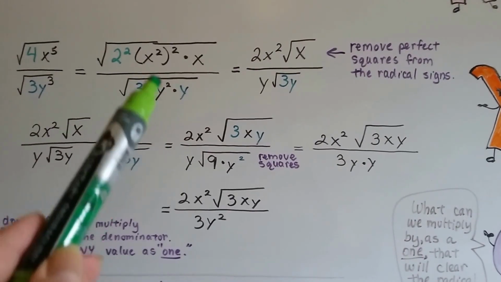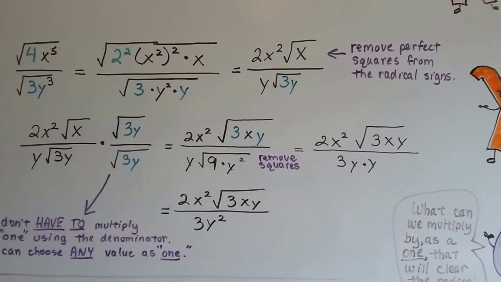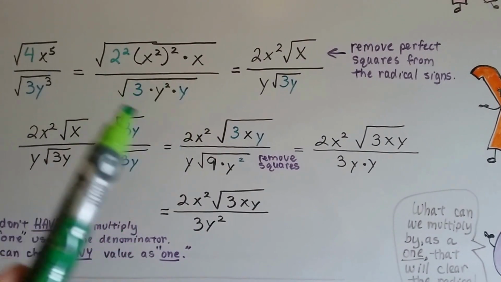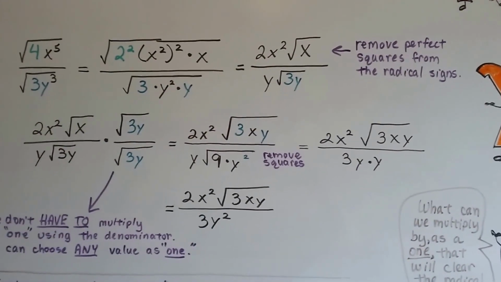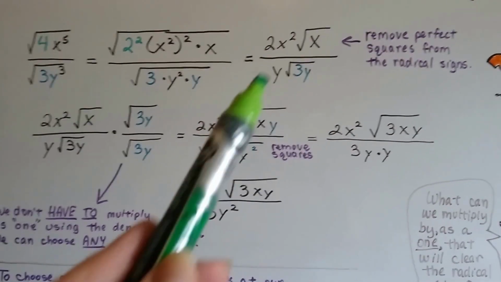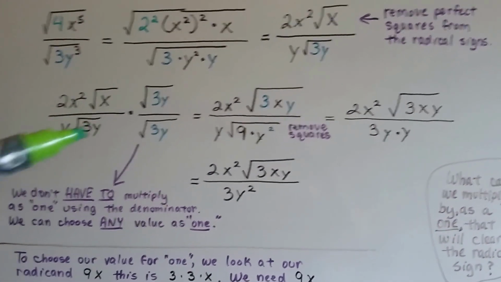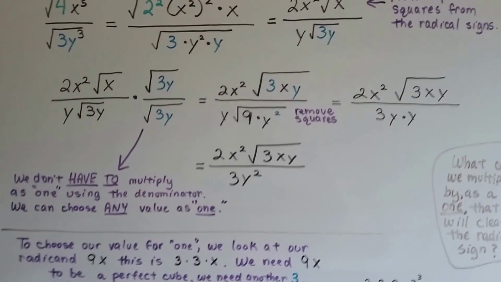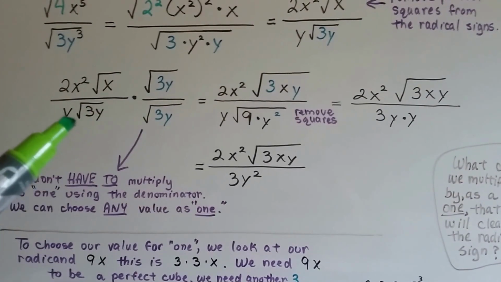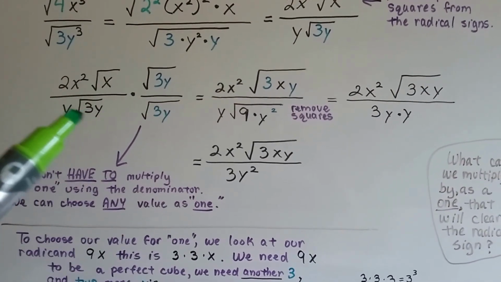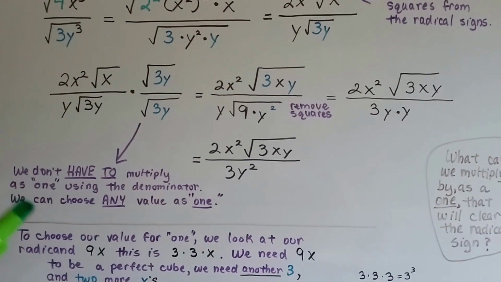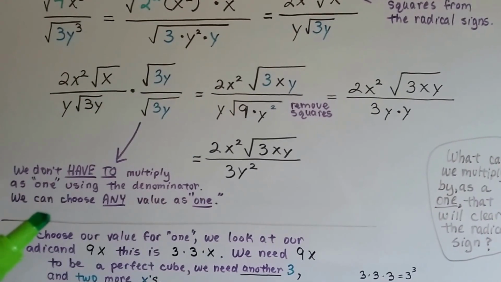The 3 and the y, this blue 3 and y, or green 3 and y, are not perfect squares, so they stay inside of the radical sign. So now we're going to multiply by a 1. Now, we're not going to multiply by y times the square root of 3y. We don't have to multiply by 1 using the denominator.